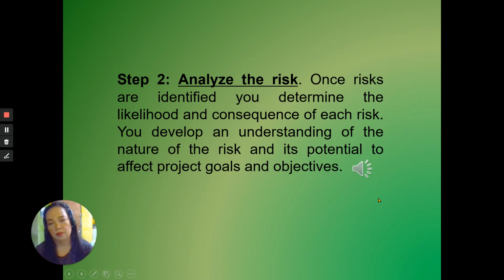Step 2. Analyze the risk. Once risks are identified, you determine the likelihood and consequence of each risk. You develop an understanding of the nature of the risk and its potential to affect project goals and objectives. So step 2 is to analyze the risk.